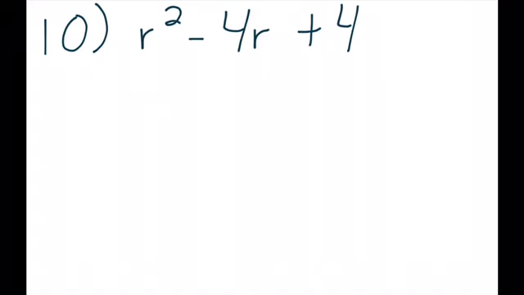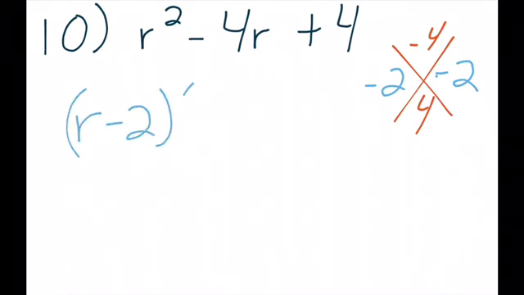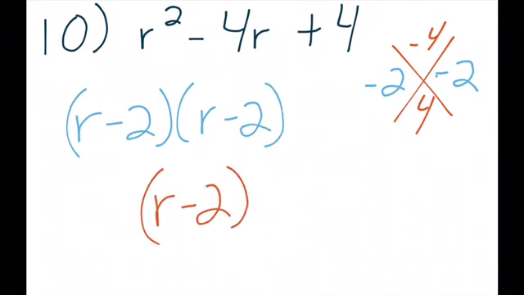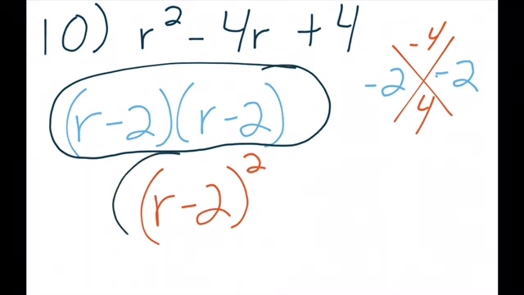I'm looking for two numbers that when added together give me -4 and when multiplied give me a +4. Hopefully you saw that that was a -2 and a -2. So it's r subtract 2 times r subtract 2, or you could write this as r subtract 2, the whole thing squared. So either way you could write that answer.